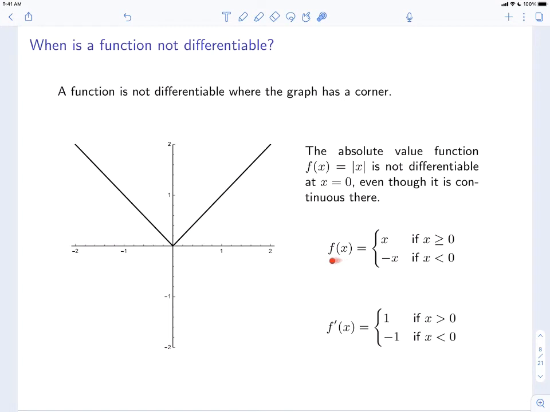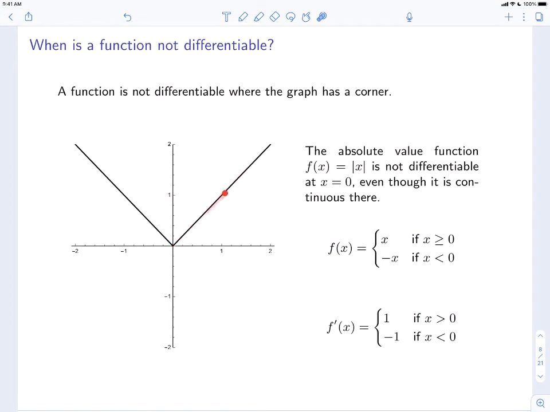In this particular example, you can see that f of x is equal to x when x is greater than or equal to 0, and it's negative x when x is less than 0. The derivative is going to give us the slope of the tangent line, but in this case, both pieces, the piece where x is positive and the piece where x is negative, is the graph of a line, and so the derivative is just going to give you the slope of that line.